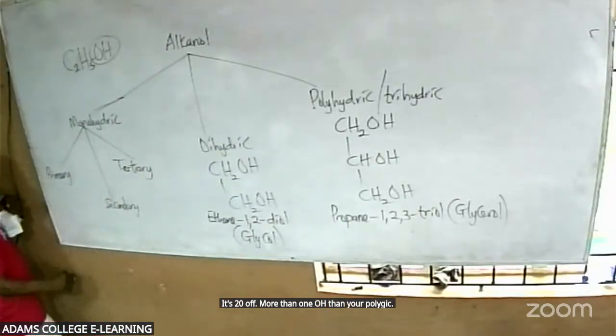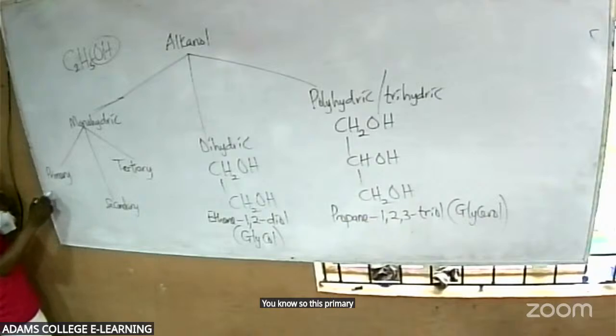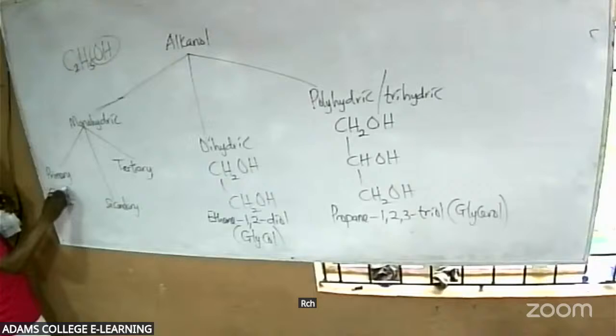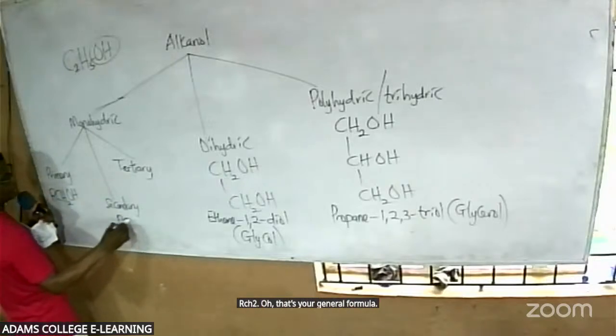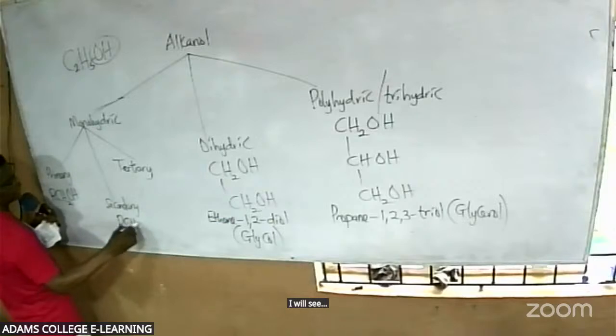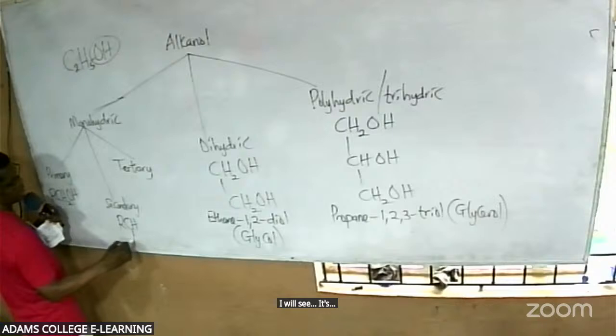So this primary, they're like this. RCH2OH, that's their general formula. This one, RCH(R')OH.